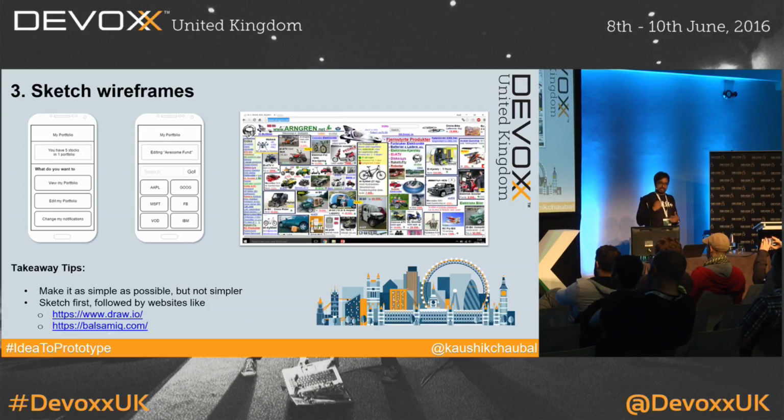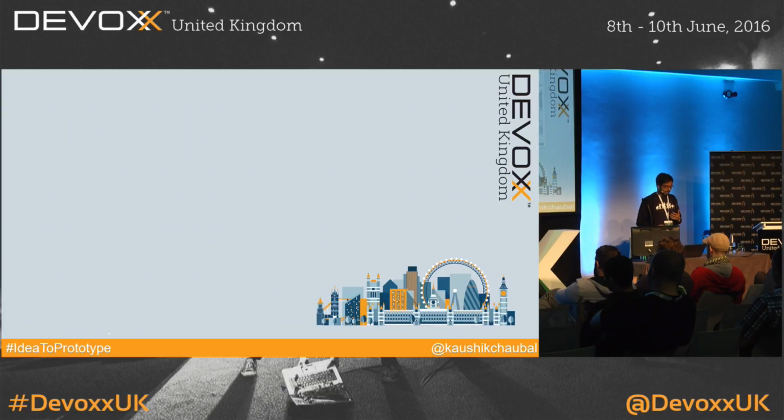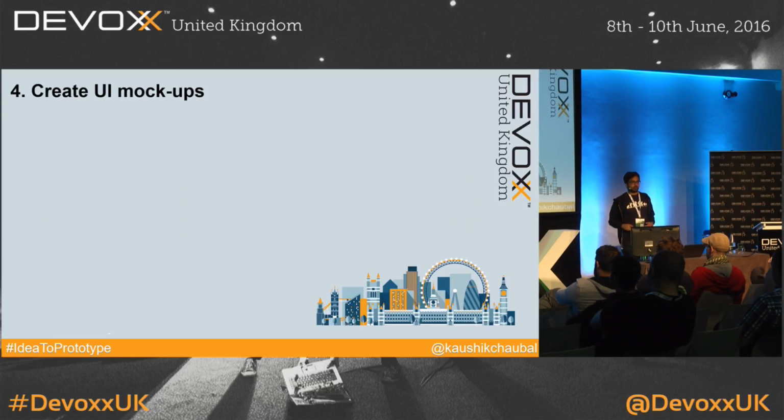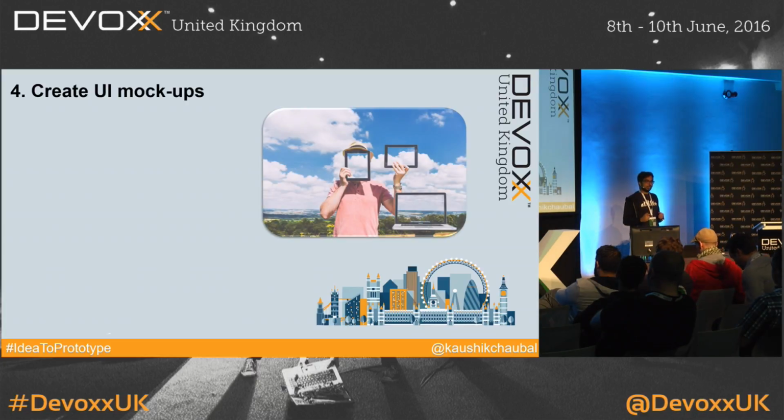Right, so you've gone ahead and created some wireframes. You know roughly what you're trying to do. Next step is to create some UI mockups. And with UI mockups, one of the things that you need to worry about is different dimensions, different look and feel based on what device you're using.